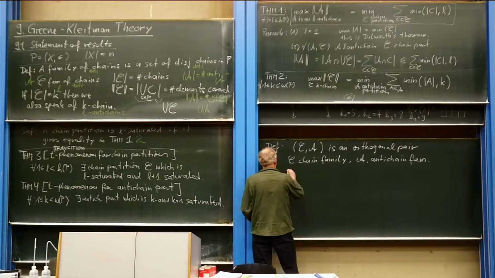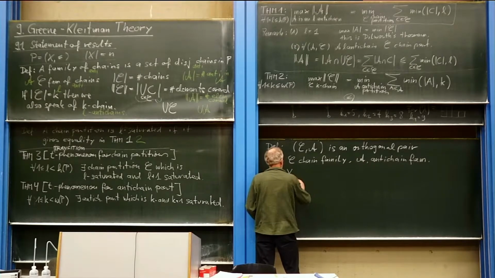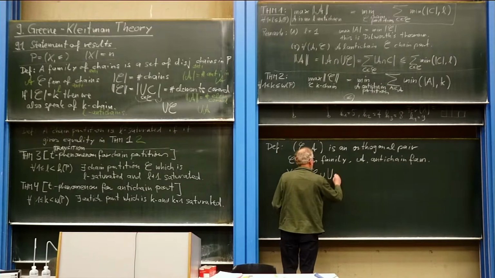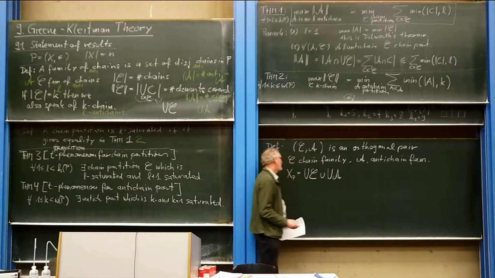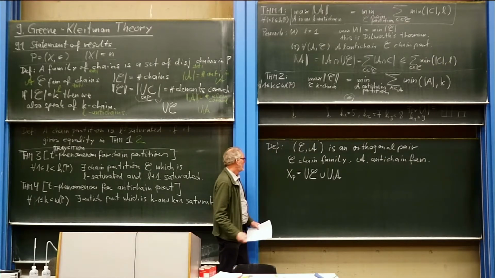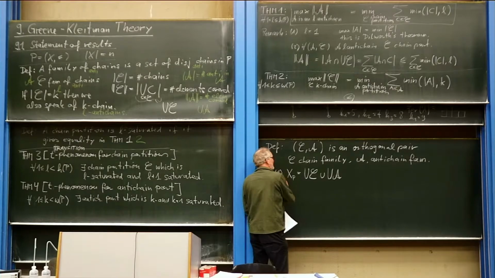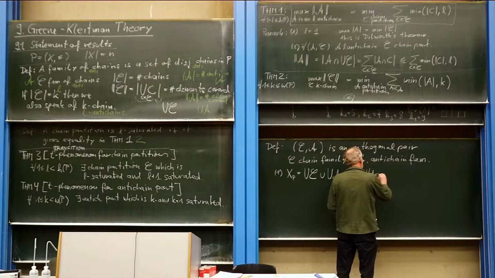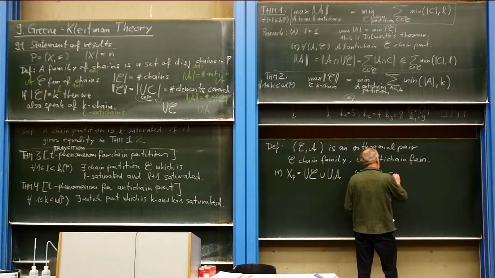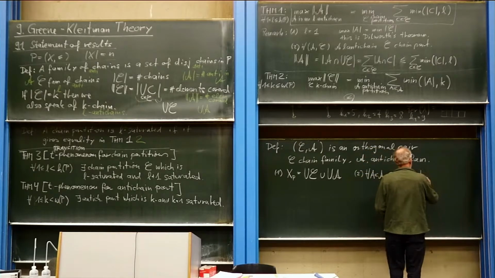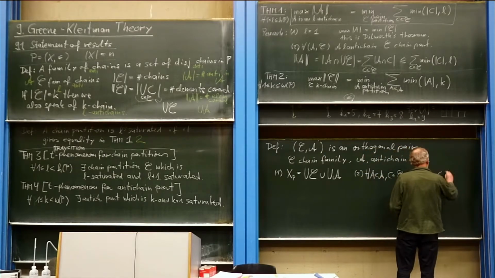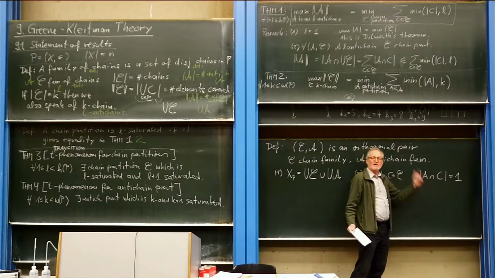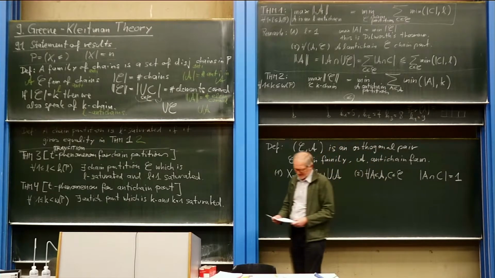So the ground set of P is equal to the union of what is covered by the chain family and what is covered by the anti-chain family. So this is property 1, and property 2 is that for every anti-chain in this family and every chain in the chain family, the intersection of the two is equal to 1. So this is where this terminology, this orthogonality, comes from.